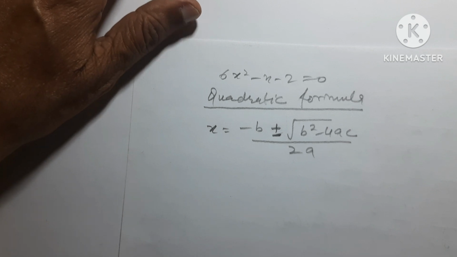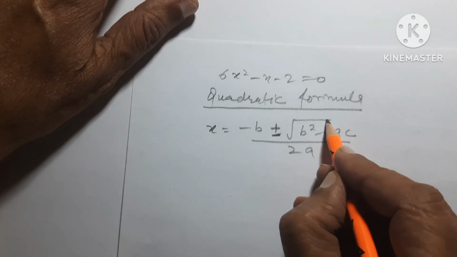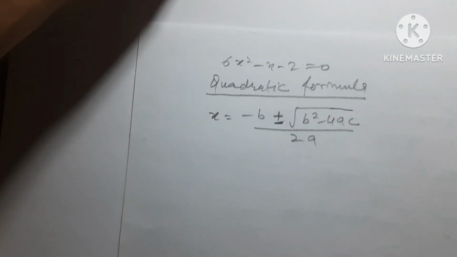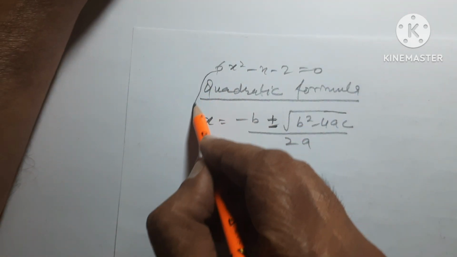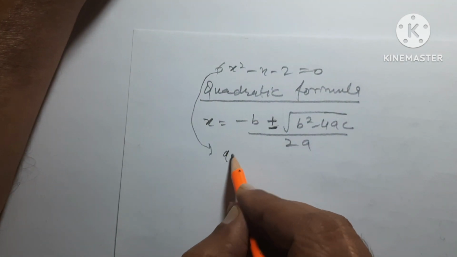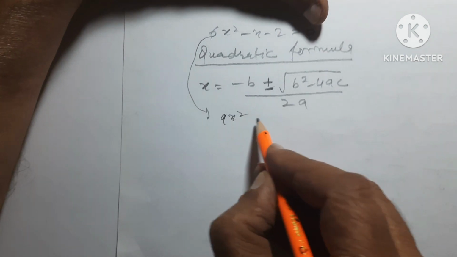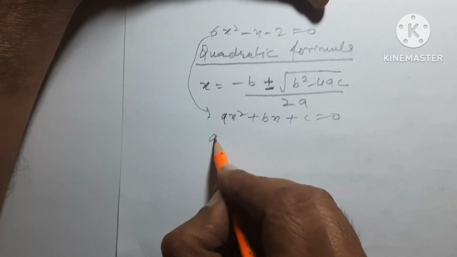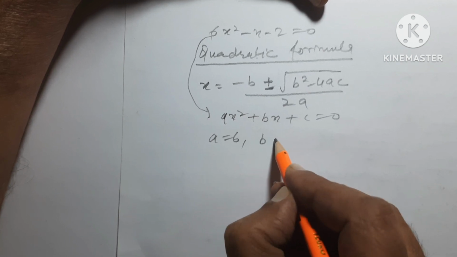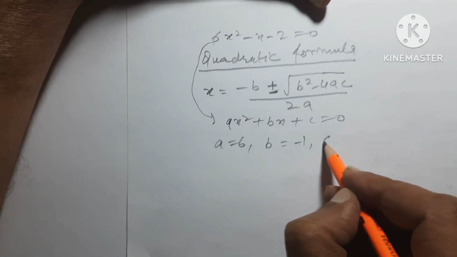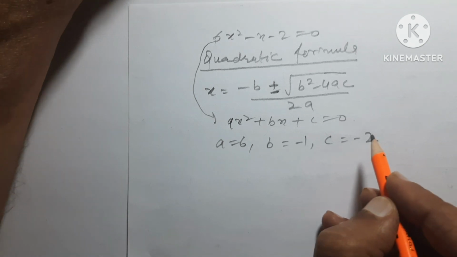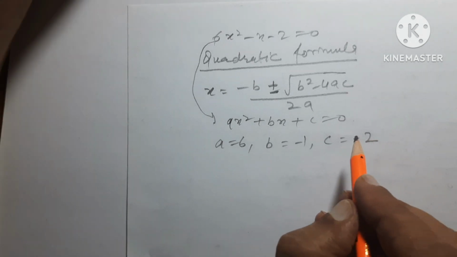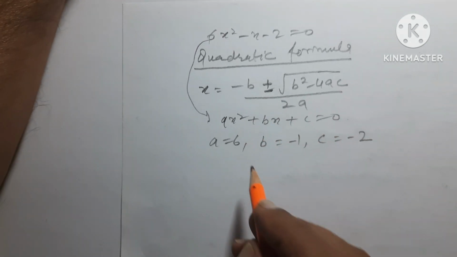It has been deleted, but it is very useful in competitive examinations. If we compare this equation with the standard form, a is equal to 6, b is equal to minus 1 and c is equal to minus 2. So we'll put these values.